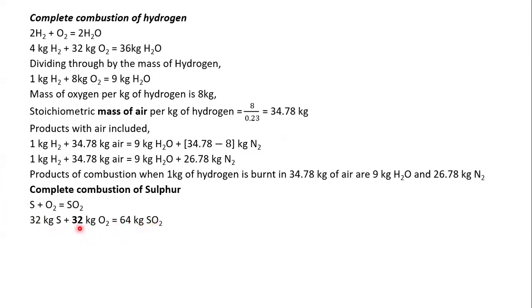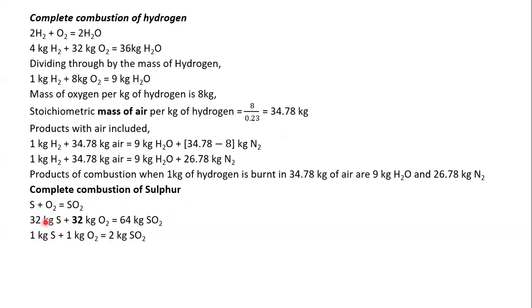So if I reduce this to 1 kg, because we want to know how much oxygen you need for burning 1 kg of this, divide through by 32. So here you have 1 kg of sulfur, 1 kg of oxygen to give us 2 kg.